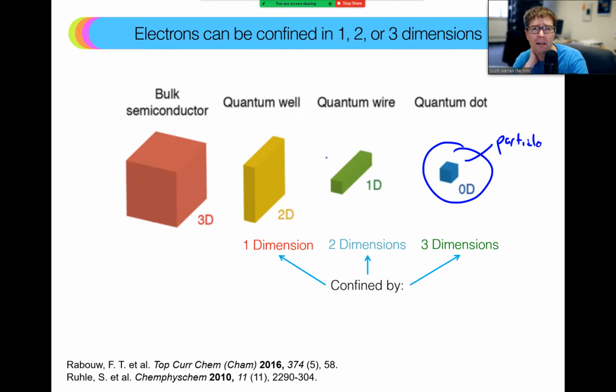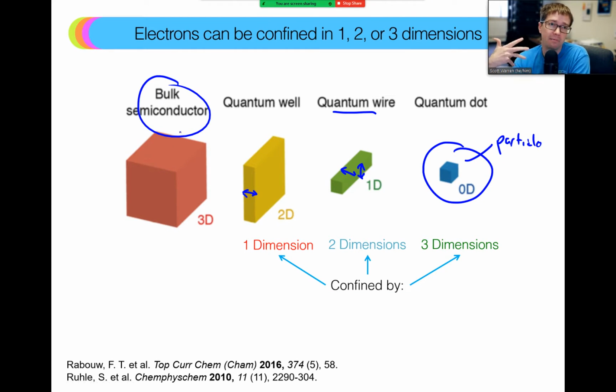We could also have an object known as a quantum wire, in which we are only confining electrons in these two dimensions, maybe we would call them x and y, but the electrons are not confined in z. We can have a quantum well, which only has one small dimension and confines the electrons only in that dimension. And then, of course, we have a material like a bulk semiconductor that has an infinite number of atoms, and has no confinement at all.